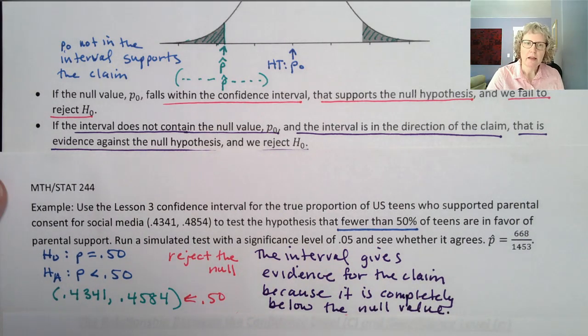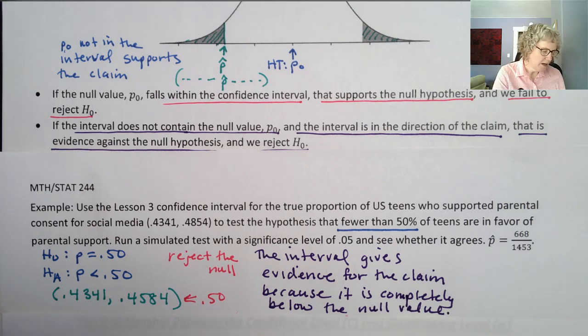If I were doing a full problem on this, I would put it in context, but right now I'm just trying to isolate this particular part of the interval being on the correct side or not.